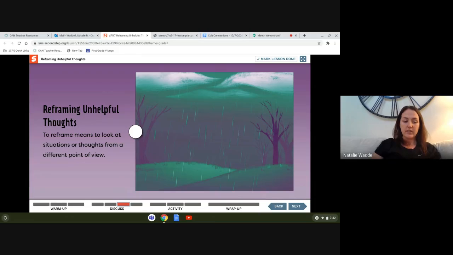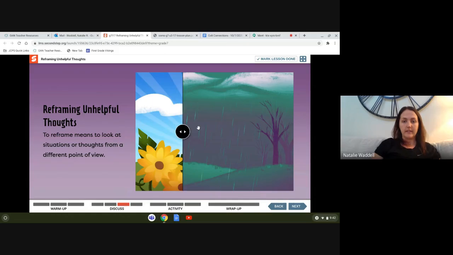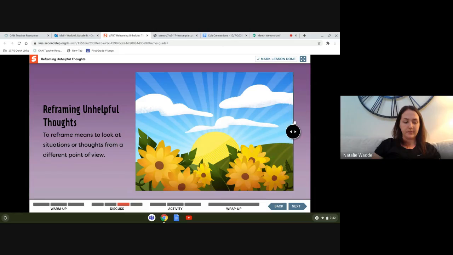When we change the frame to a more positive one, we can transform those unhelpful thoughts to helpful thoughts. We can choose to look at things from this perspective right here that you see on your screen to this perspective.